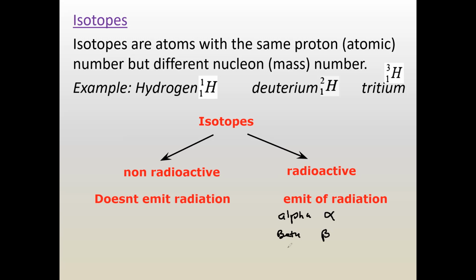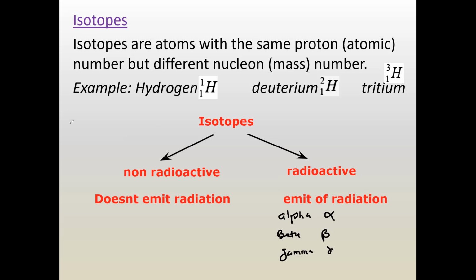And the third one is gamma. So if an isotope is radioactive, it might emit radiation, and there are only three types: alpha, beta, and gamma.